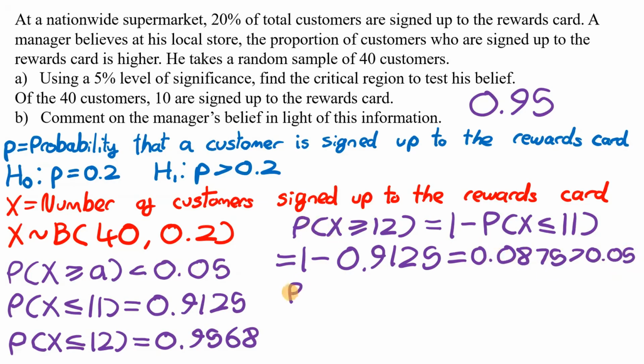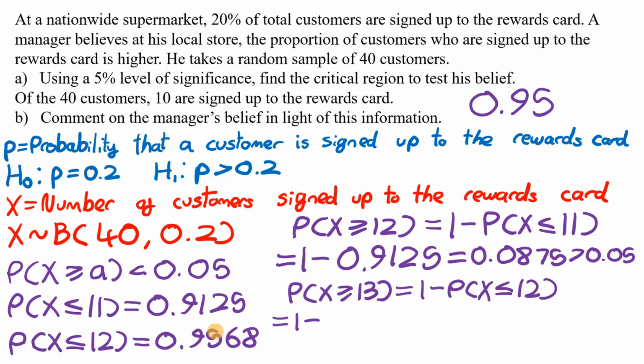So if we find the probability that x is bigger than or equal to 13 instead, this is going to be 1 minus the probability that x is less than or equal to 12, and we found that this is 0.9568. So this is equal to 1 minus 0.9568, and if you put this into your calculator, this is 0.0432, and this is less than 0.05.